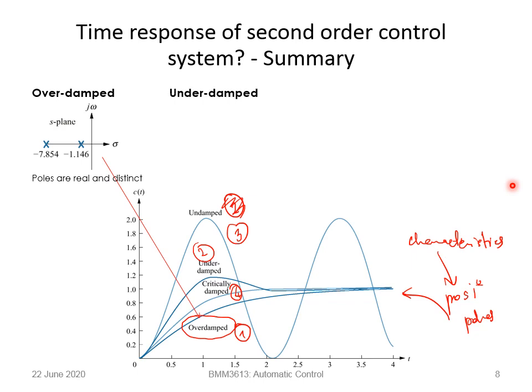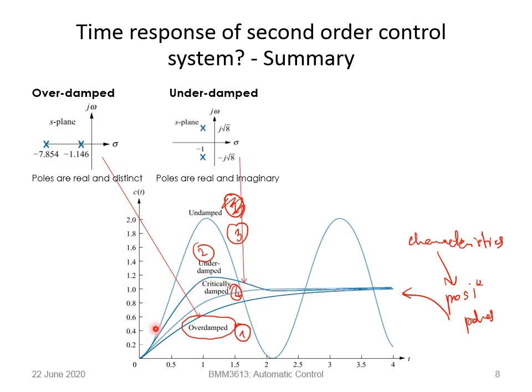And then the second one that we have seen is the underdamped system. So where is the position of the poles when we have the underdamped system? An underdamped system is when the poles have both a real and an imaginary component, like this. So we would have this type of response.